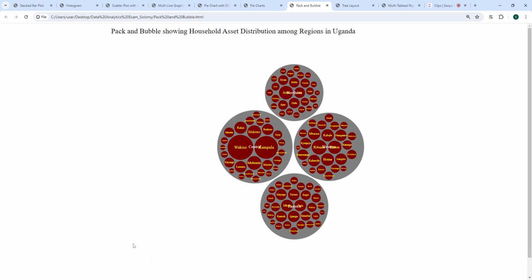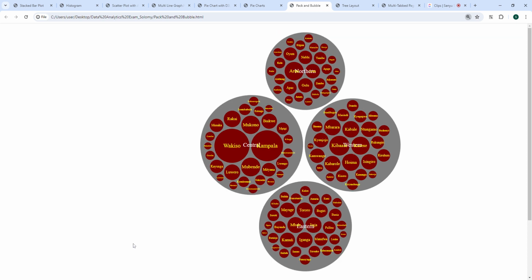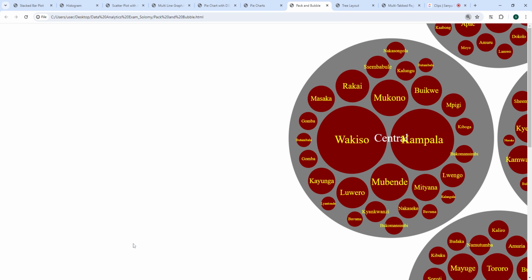So when I zoom out and look at the Central, we can see Wakiso and Kampala have the biggest number of household assets, mosquito nets, radios, motorcycles, and bicycles.